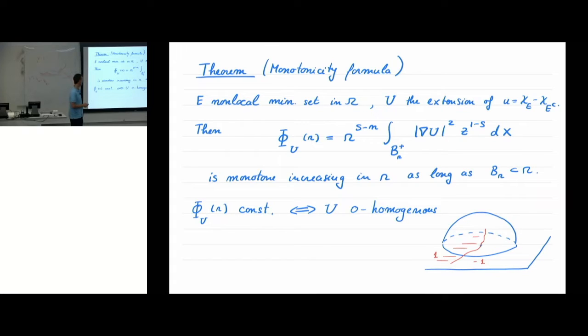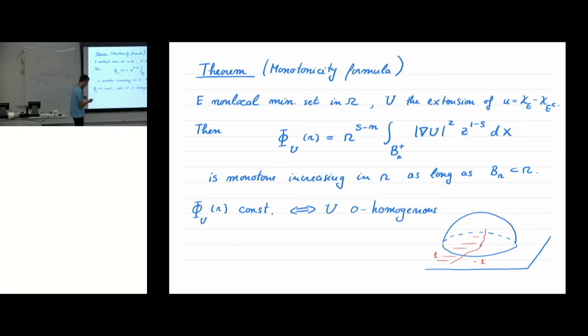And it is constant in R only if the function capital U is zero homogeneous, meaning it is constant on rays. On each ray it is constant, in particular on the bottom, if also the characteristic function is constant on rays, which means that the set E itself has to be a cone.